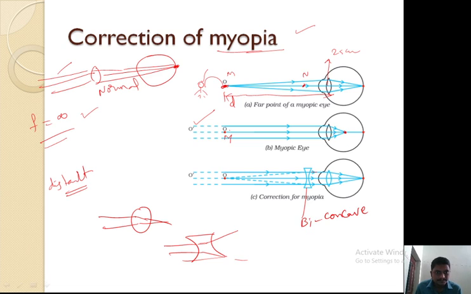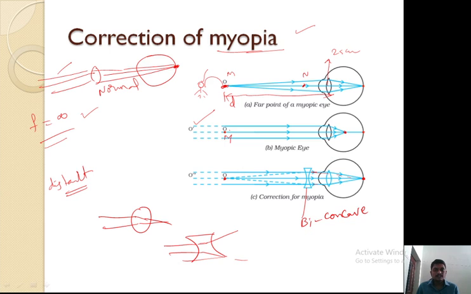So we place the concave lens so that the rays diverge slightly and focus exactly on the retina. But these light rays appear to be coming from O.